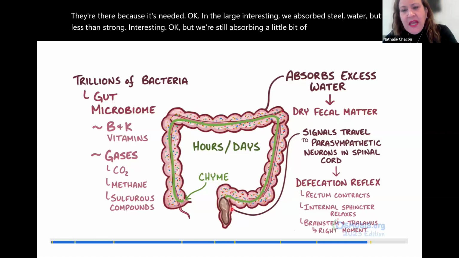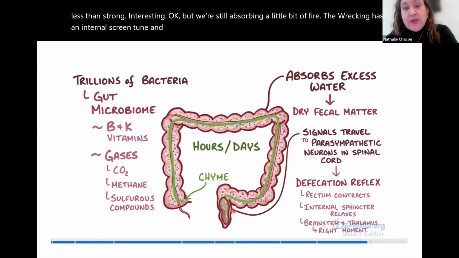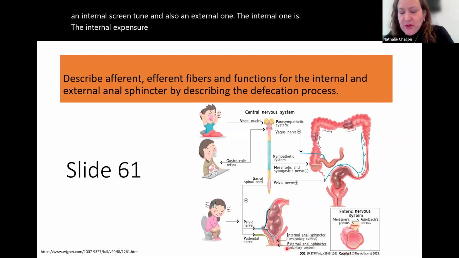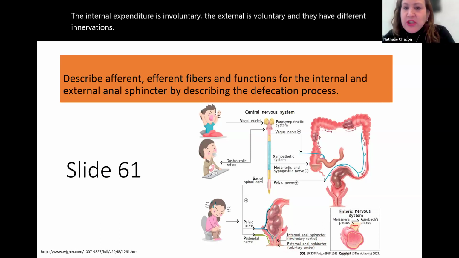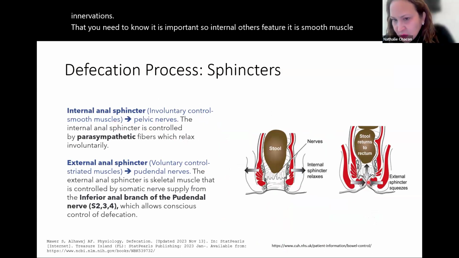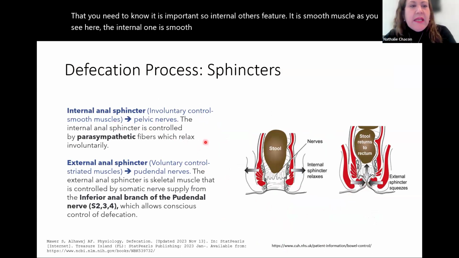The rectum has an internal sphincter and also an external one. The internal sphincter is involuntary. The external is voluntary, and they have different innervations. That you need to know. It is important. The internal anal sphincter is smooth muscle, as you see here, and it is innervated by the pelvic nerves.